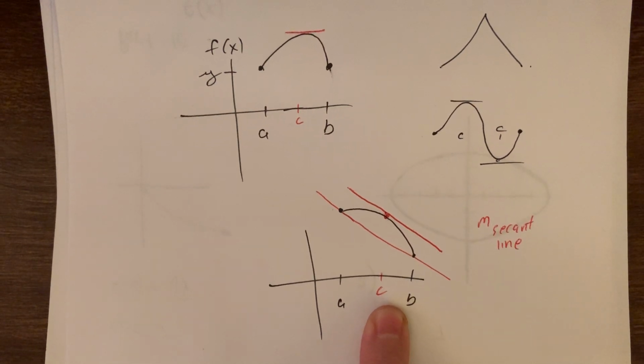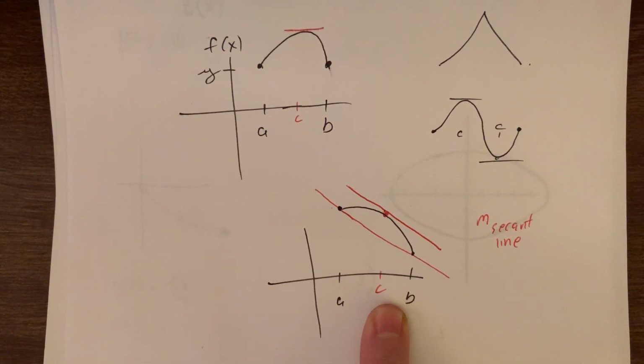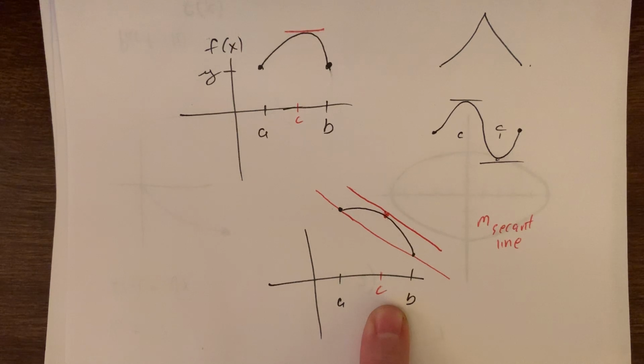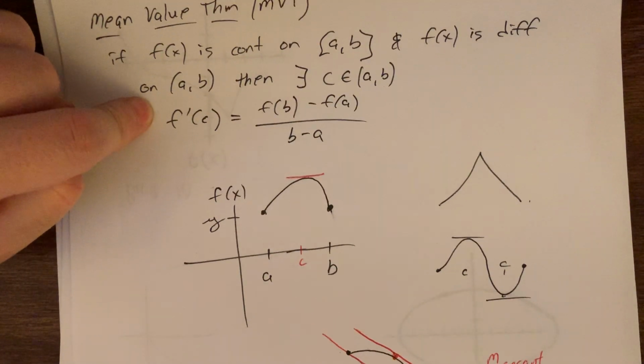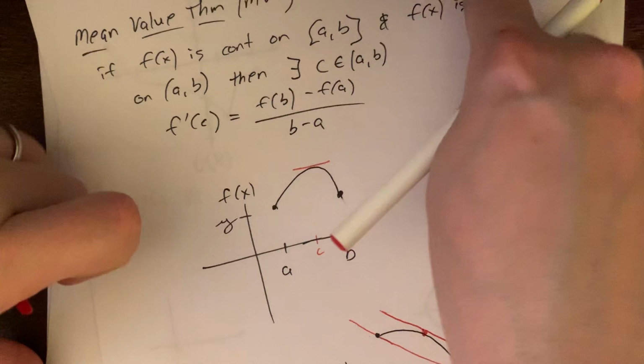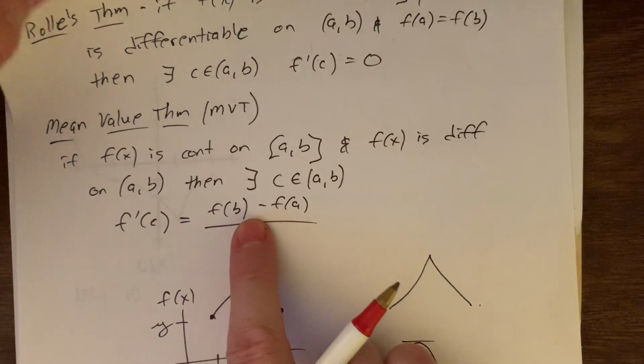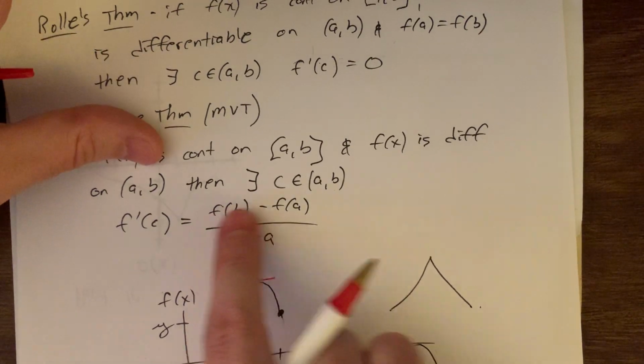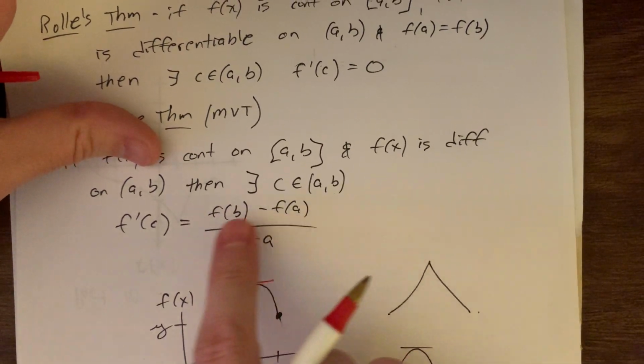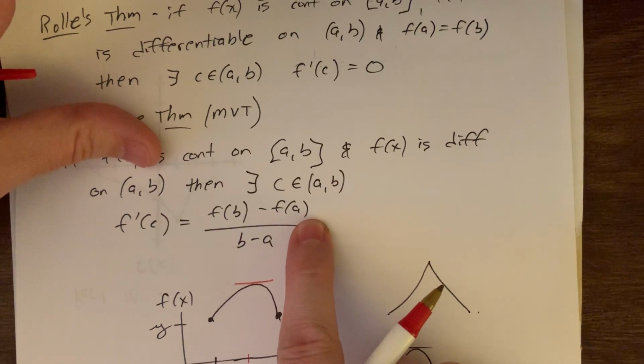Now, the last thing, and then we'll just do one quick problem. This is a nice section, but we're going to move through this fairly quickly. 3.1 and 3.3 have much bigger concepts that we need extra practice with and understanding. So we will do a problem, but first, just to make this last realization. If we look at mean value theorem, and if we add the extra condition that we had in Rolle's theorem, if f of a equals f of b, well then when you look at the slope here, f of b and f of a are the same value, so when you subtract them, you'll get 0.